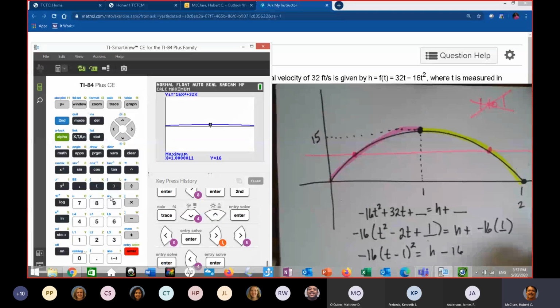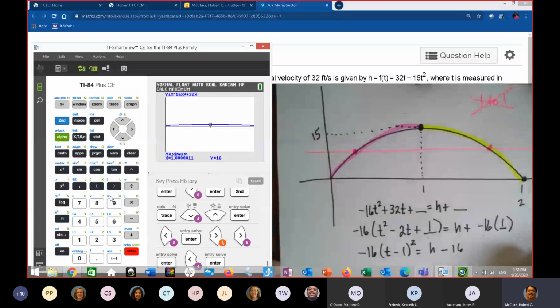Like I told you, this is not my favorite question because they do the help me solve this. They explain it to you by doing half of the completing the square at a time, and that's why it's confusing to everybody. Okay. So now I'm going to divide by negative 16.